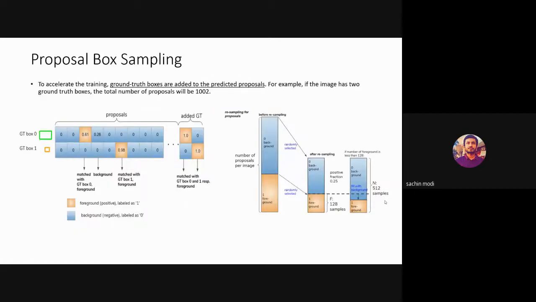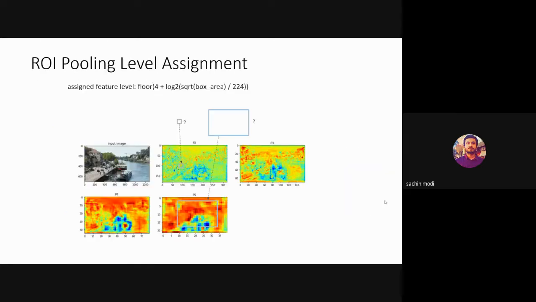Now, the interesting thing is this architecture is able to detect objects of various sizes in the picture. For example, I have a very small proposal box, and I have a larger proposal box.